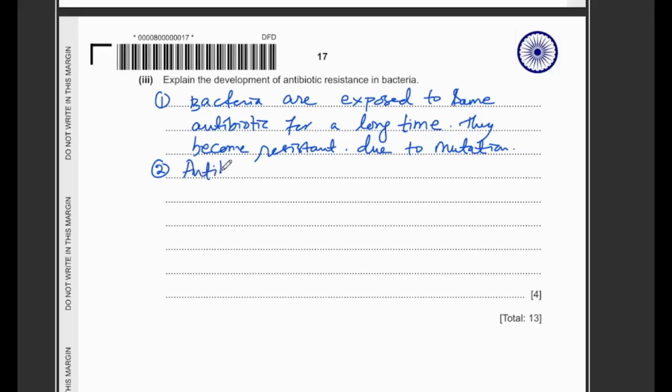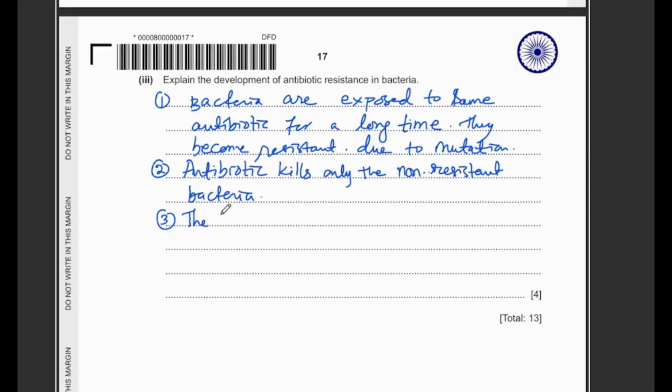Antibiotics kill only the non-resistant bacteria. That means resistant bacteria will survive, no? So what will happen to this resistant bacteria?